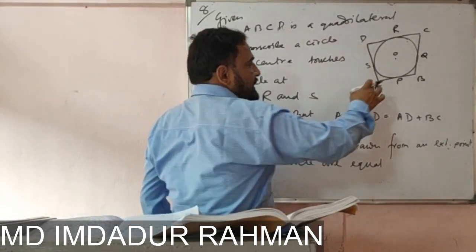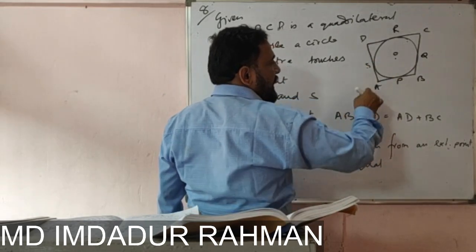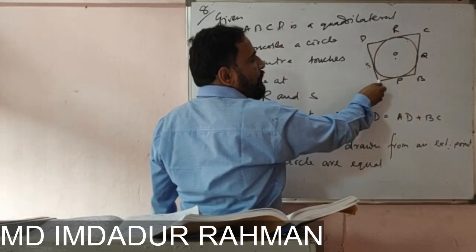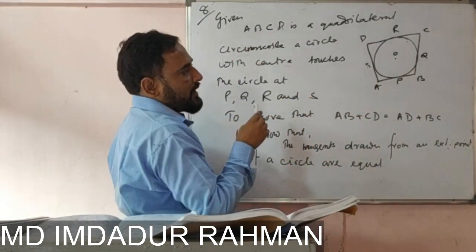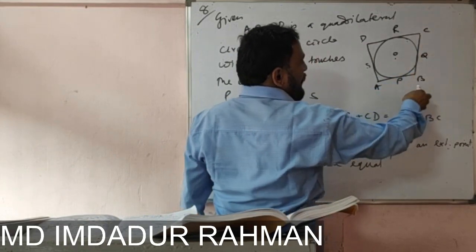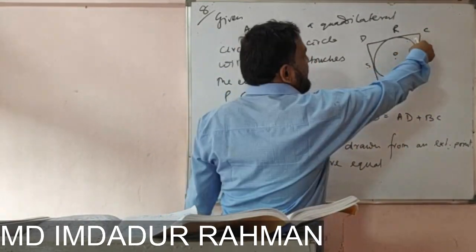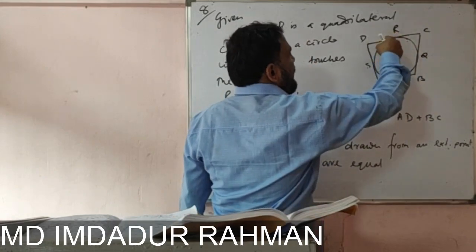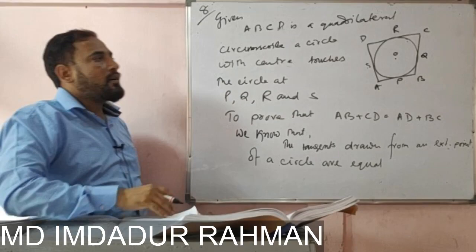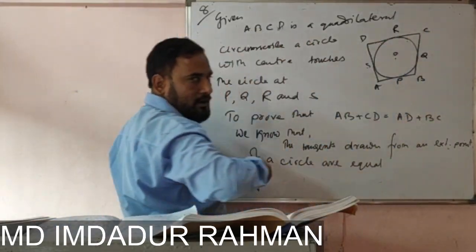You see here we can consider AP is a tangent and AS is a tangent. So AB is a tangent, AD is a tangent drawn from external point A. BA is a tangent, BC is another tangent drawn from external point B. And like this BC and CD, and CD and AD. So these tangents are drawn from external points A, B, C and D respectively.